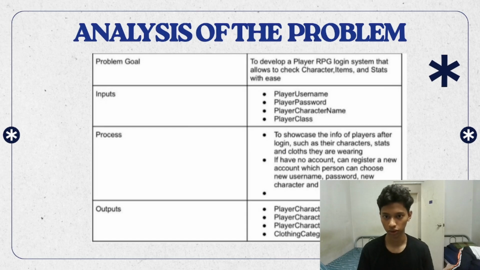The process is to showcase the info of players after login, such as their characters, stats, and clothes they are wearing. If they have no account, they can register a new account, choosing a new username, password, new character, and the info. Output includes player characters, player character stats, player character clothes, and clothing category.